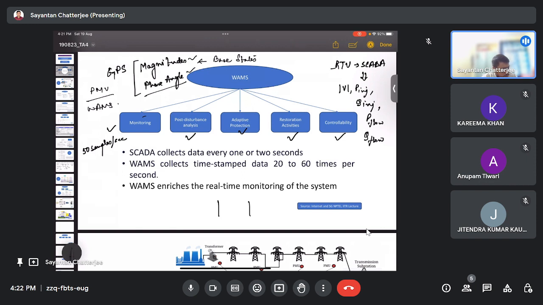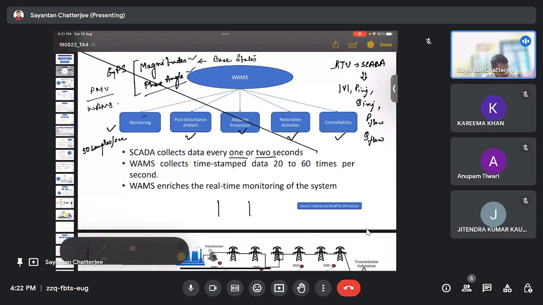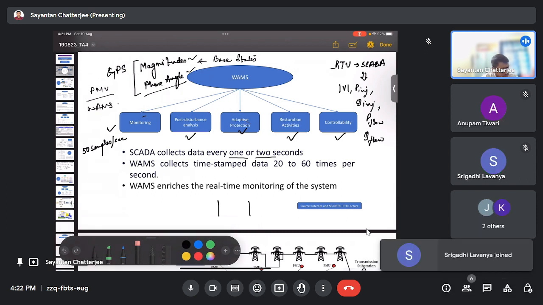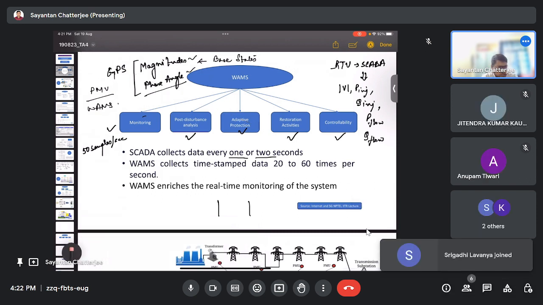So here we can see that SCADA collects data in 1 to 2 seconds. In the general case it's written 1 to 2 seconds, but in the present-day scenario, and in research papers also, it is generally considered to work in 2 to 5 seconds, or 2 to 4 seconds.